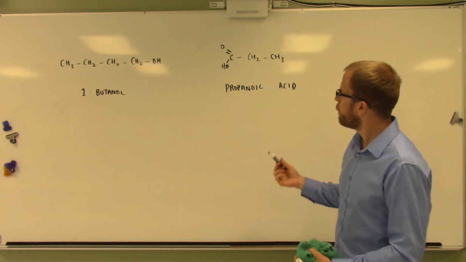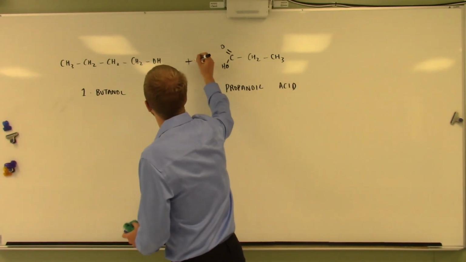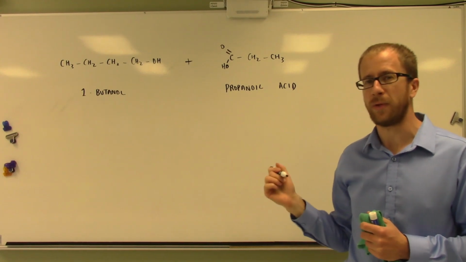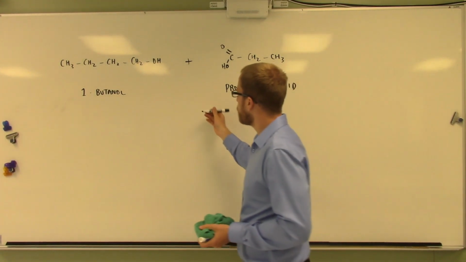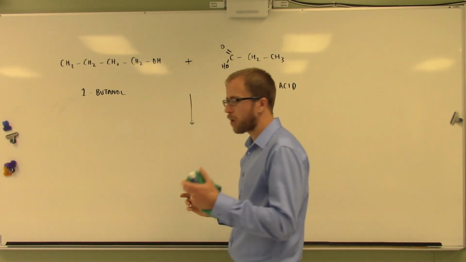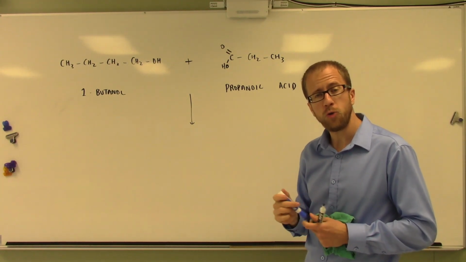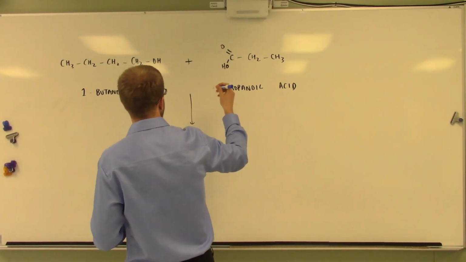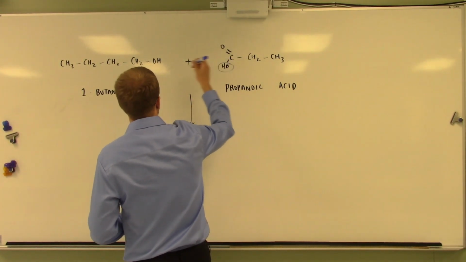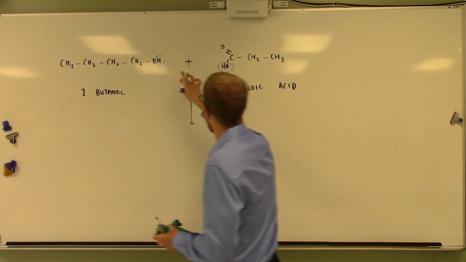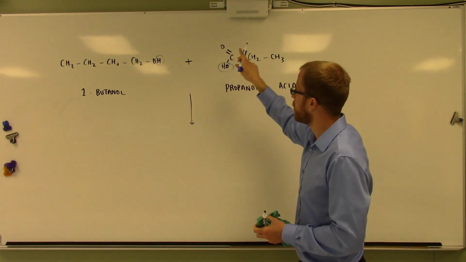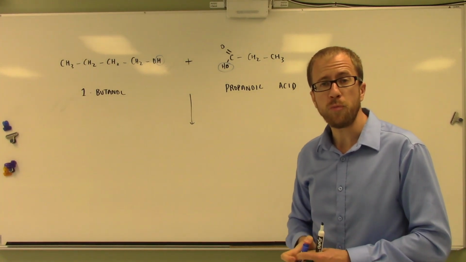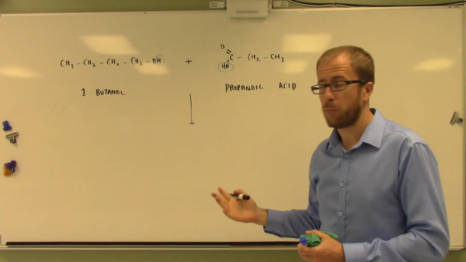Now, when we form our compound here by esterification, a dehydration synthesis reaction, what is our product going to look like? Well, we are going to lose H2O. One hydrogen here, one hydrogen here, one oxygen here, in order to produce our final product.